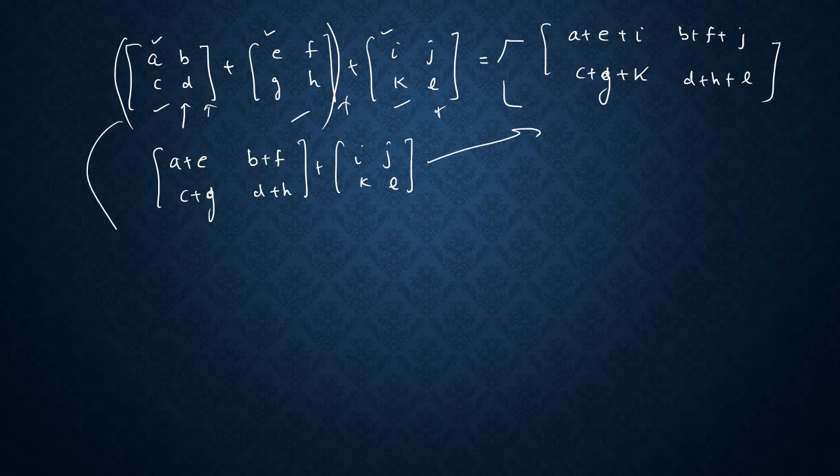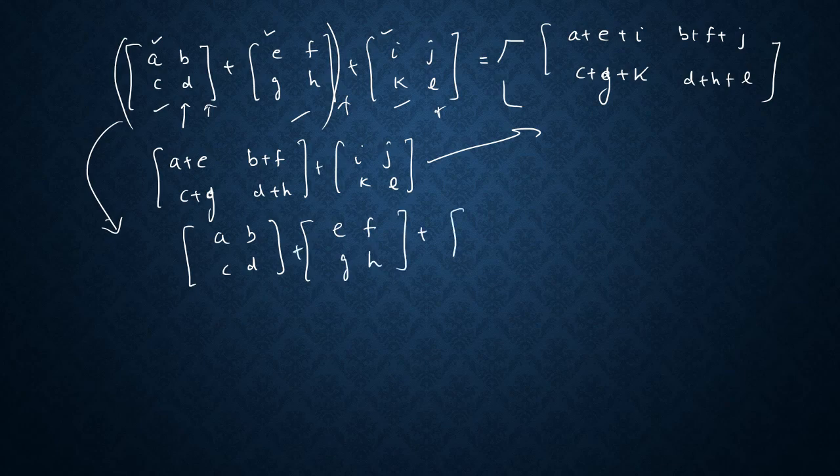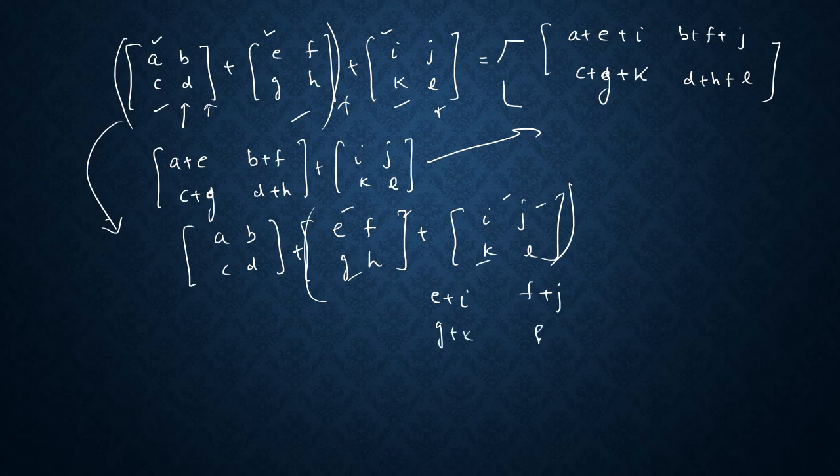Or if you want to add the last two first, so it will be E plus I, F plus J, G plus K, H plus L, one matrix, and then add it to A, B, C, D. It will again give you the same answer. So that means it is showing associativity, correct?